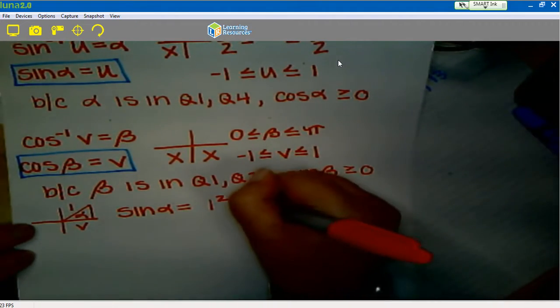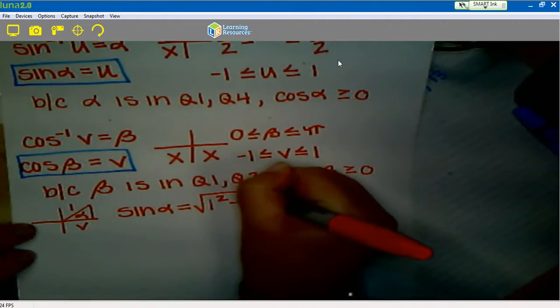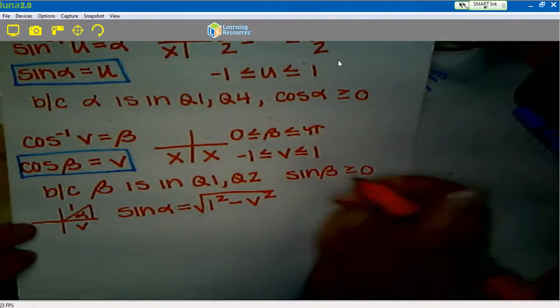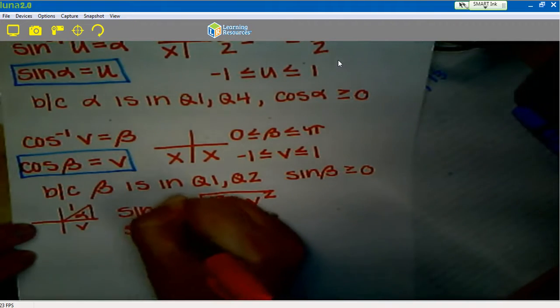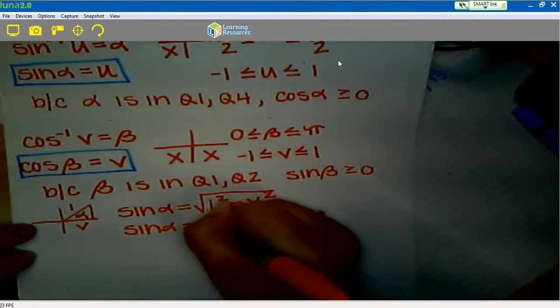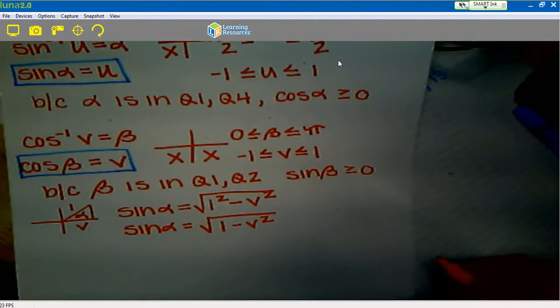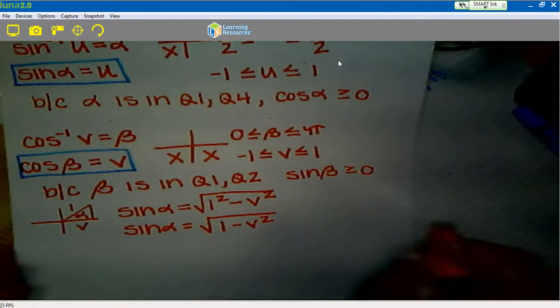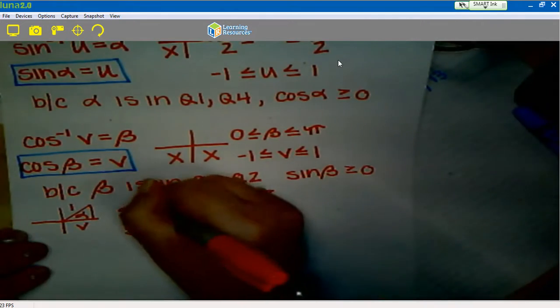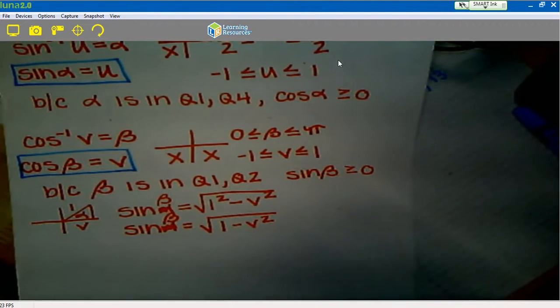We're going to subtract off v squared, and then we're going to take its square root. So the sine of alpha is equal to the square root of 1 minus v squared. Not alpha. Beta.